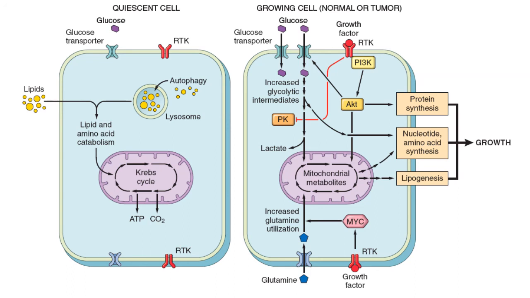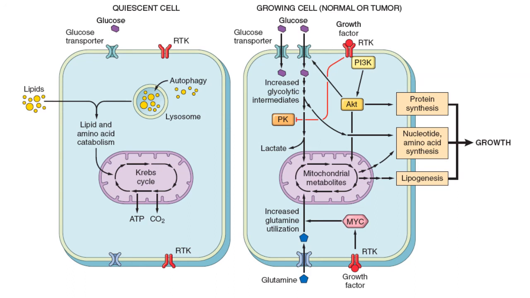This AKT is under the influence of oncogenes, for example phosphatidylinositol 3 kinase, and due to increased expression of glucose transporters, there is increased glycolytic intermediate formation that in the presence of pyruvate kinase will lead to formation of the macromolecules.